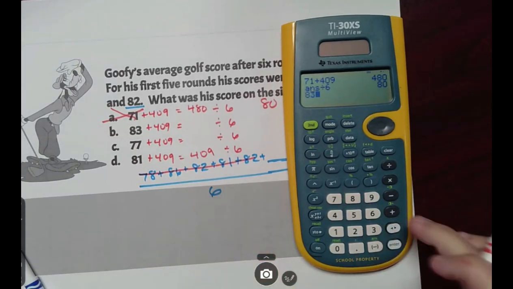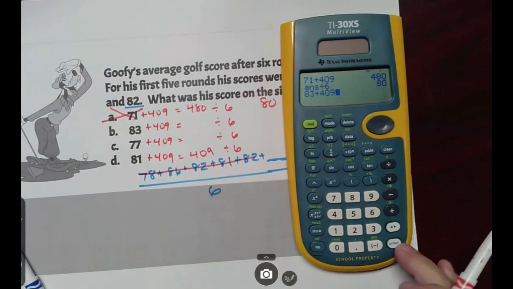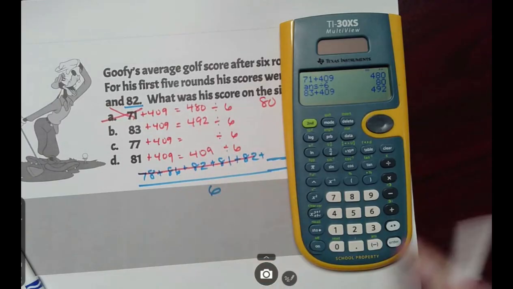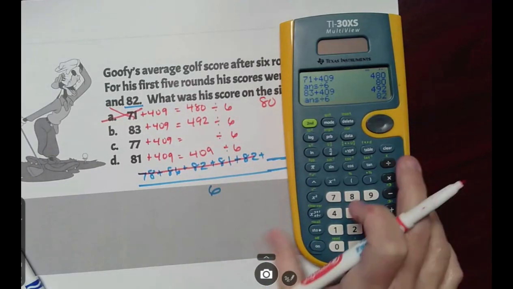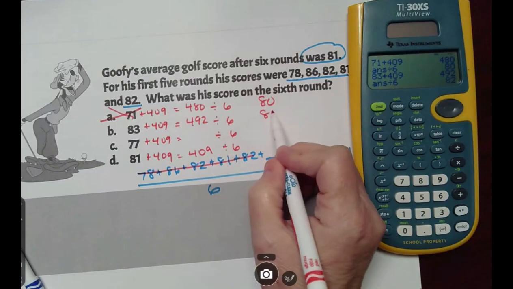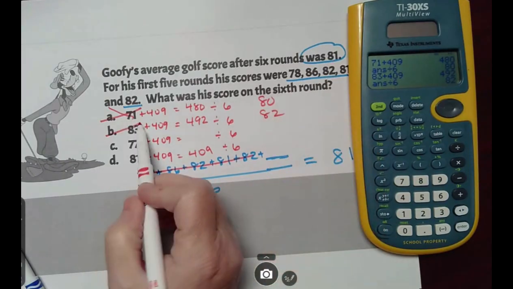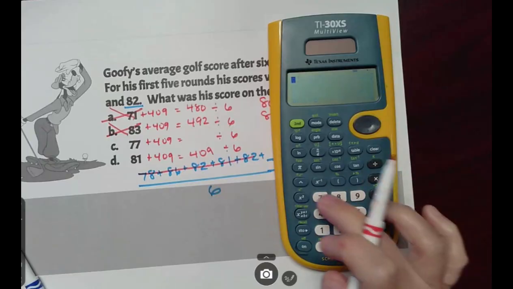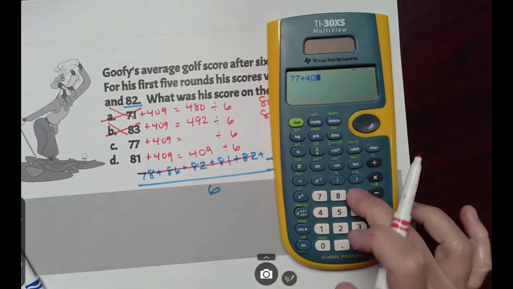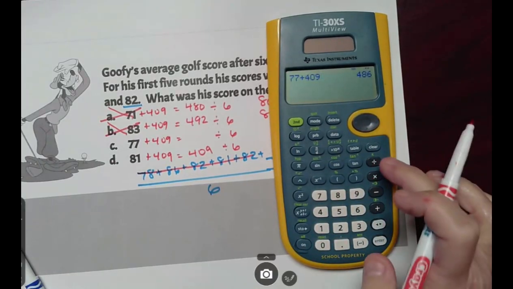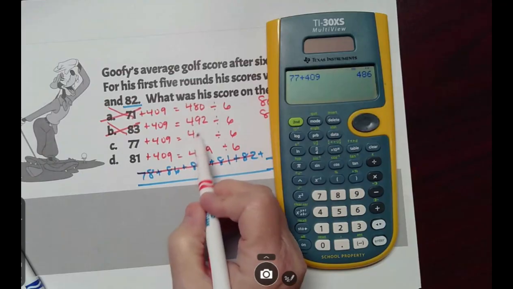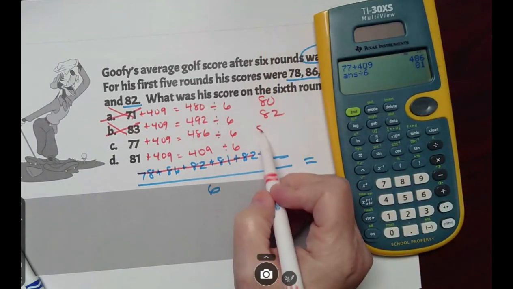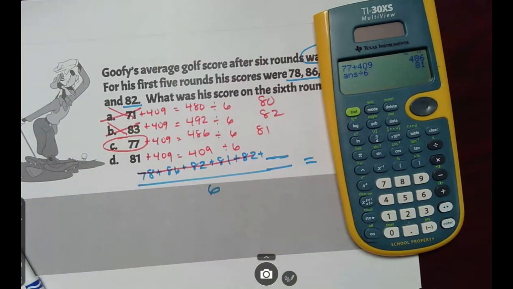So 83 plus the 409 I've already scored gives me 492. Divide that by 6, and we get an average of 82. Well, that's too much, so it's not 83. So let's try 77. 77 plus the 409 we've already scored is 486. Divided by 6 gives me my average of 81.